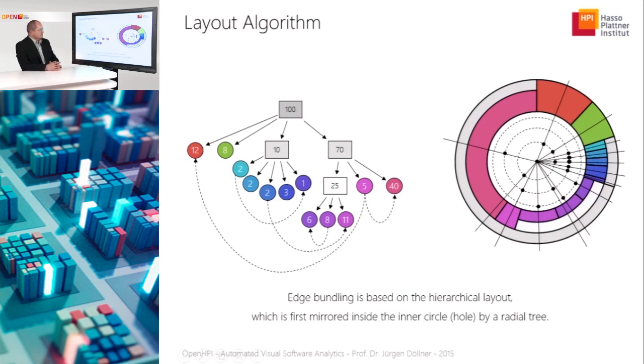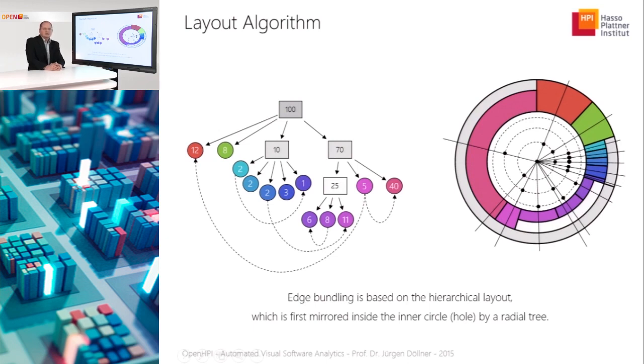These points, these black dots, are used just for layout, so they will become invisible in the next stage, but they are used as control points for bundled lines.